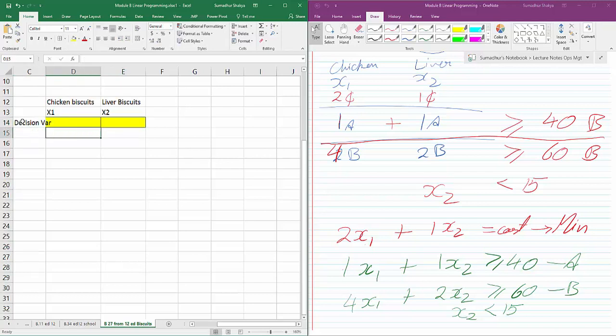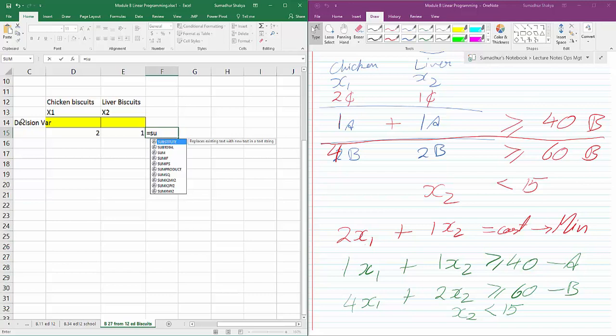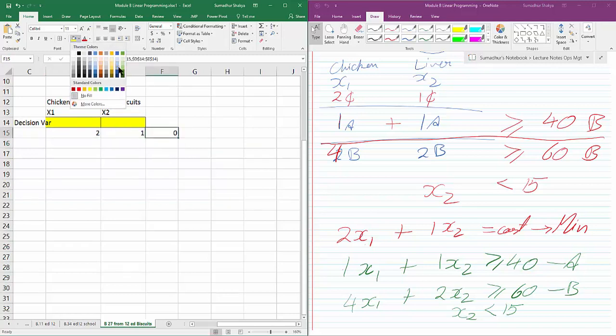Then I know this one costs 2 cents and this one costs 1 cent, such that same as before in the past problems, the cells to the left, the cost, and the decision variables, which gives us the number of biscuits, and I'm going to freeze this so then I can copy it later on for the constraints as well. Okay, and I'm going to keep this one as, let's say, green, so then I know this is my objective function when I'm using the Excel Solver.